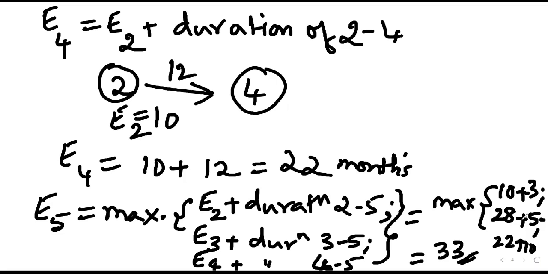Once both calculations are over, we will have a single consolidated table with early start, early finish, latest start, latest finish for each activity, so it will be easy for us to write.